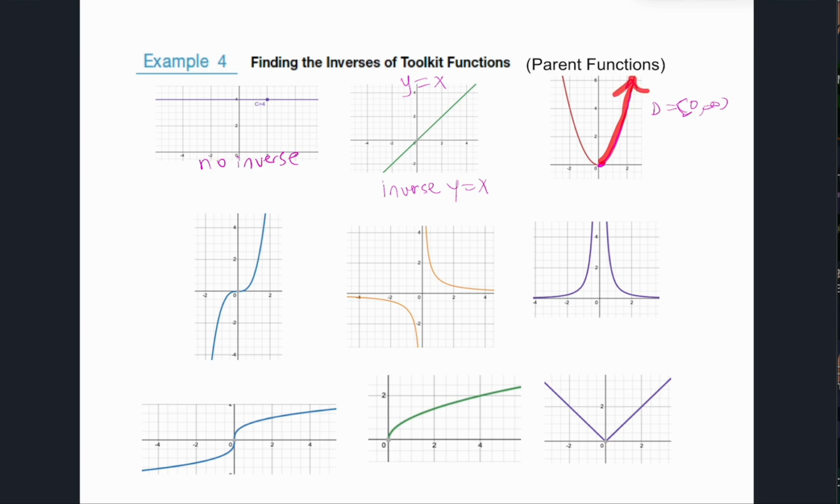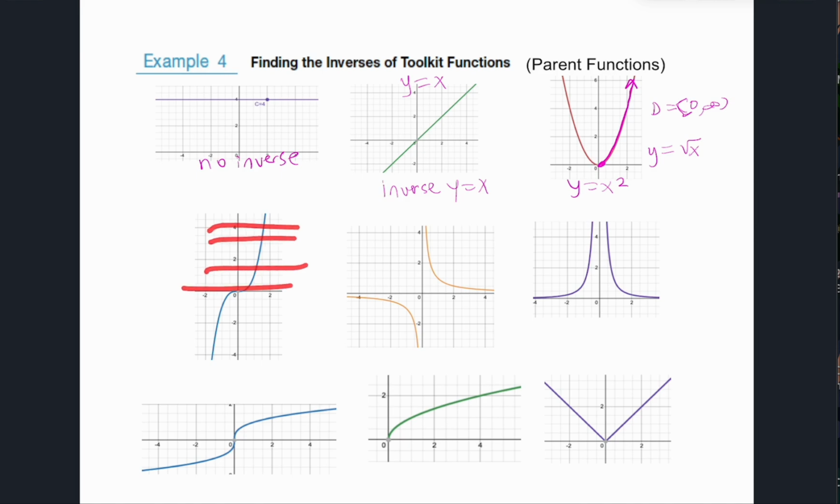So if you use the positive half alone or the negative half alone, you can force it to have an inverse. The inverse is the square root function. So this is your y equals x squared. And as long as you cut it in half, you can use the fact that it does have an inverse.